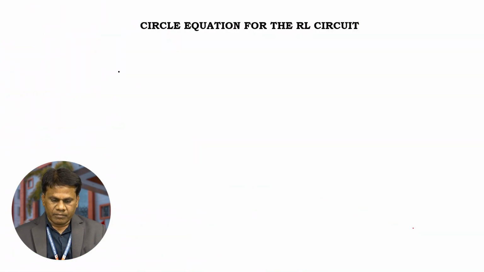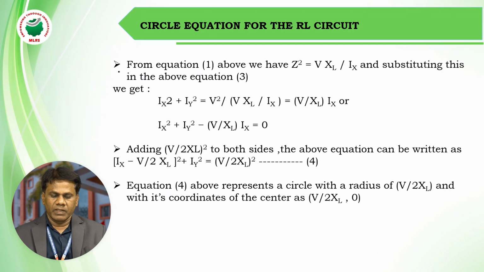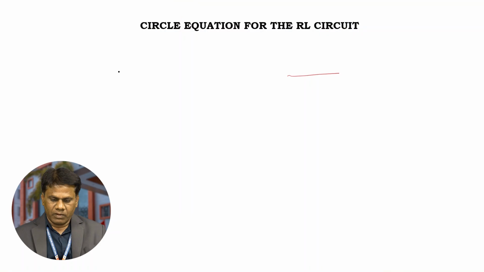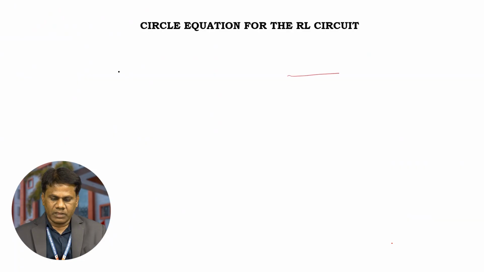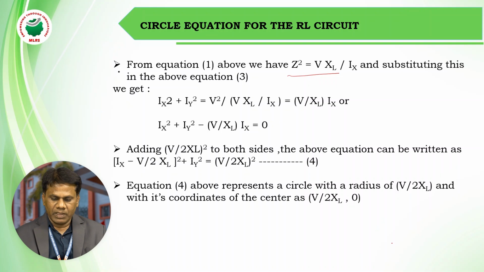From this we can get the circle equation for the RLC circuit. From equation 1, Z square is equal to V XL by Ix. Substituting this in equation 3 in place of Z square, equation 3 becomes Ix square plus Iy square is equal to V square by (V XL by Ix).